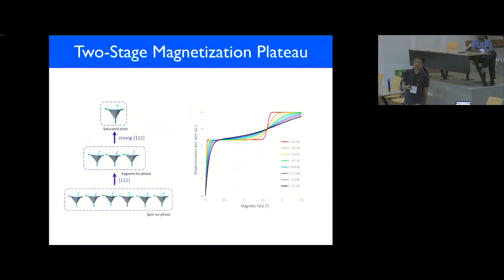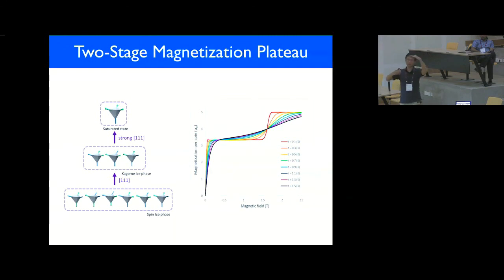So you start from a spin ice phase, and you pin the spin in the triangular layer. Then the number of degeneracies is partially lifted, but there's still an extensive number of degeneracies, and this corresponds to the so-called Kagome ice.